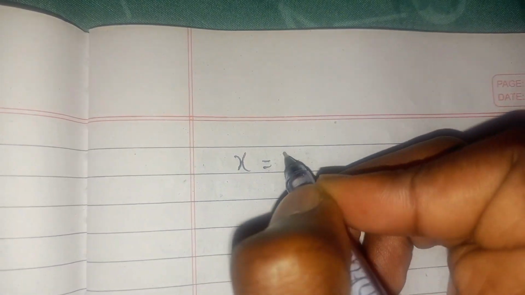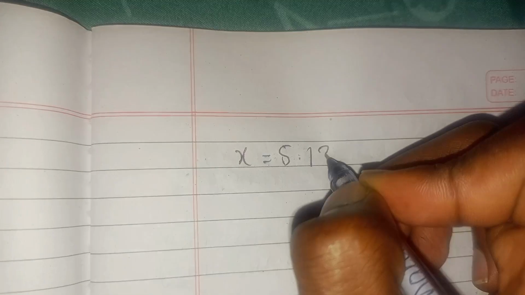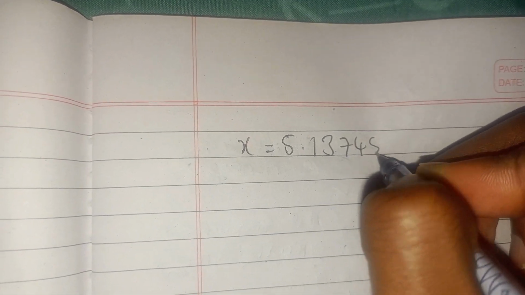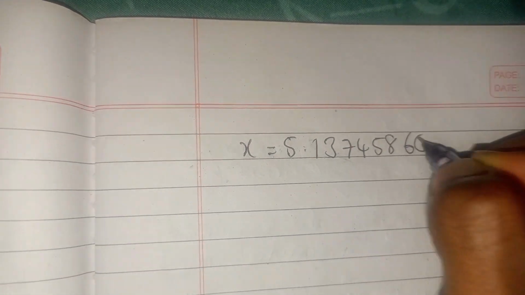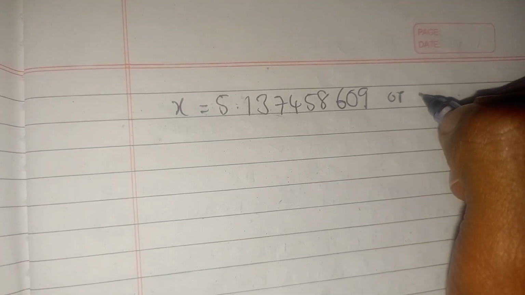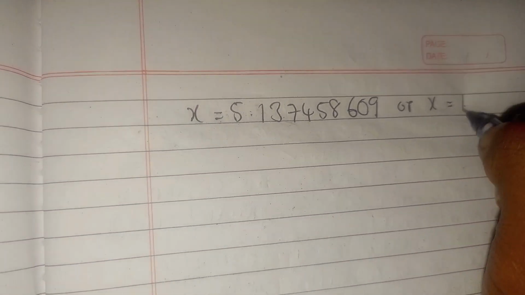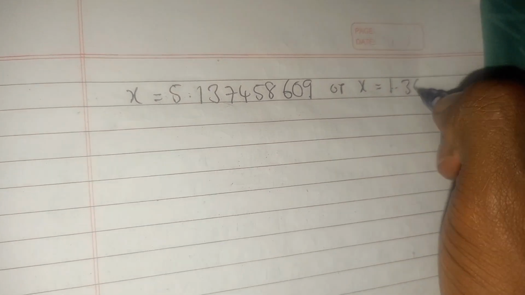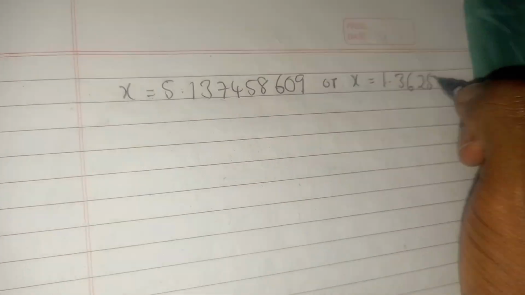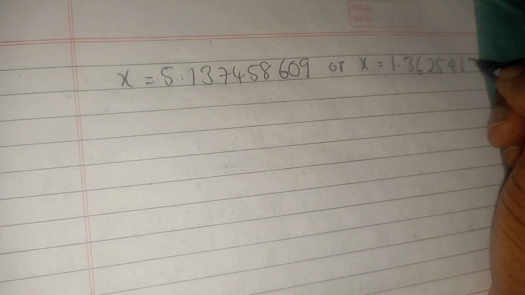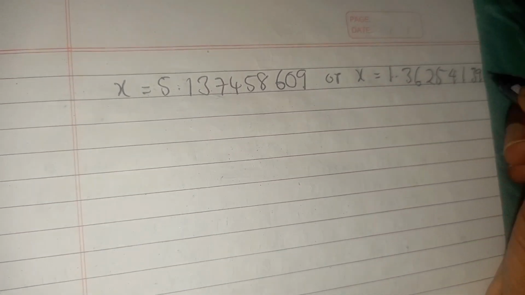So whenever you are expressing your answer, you first have to write the entire answer that you find on the calculator without rounding it off. So you're going to say x is equal to 5.137458609, or x is 1.3625413391.